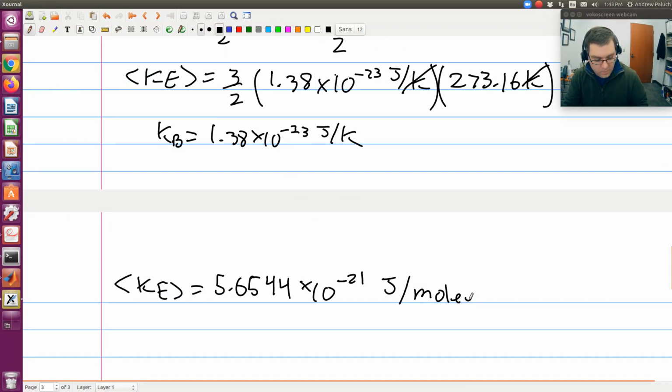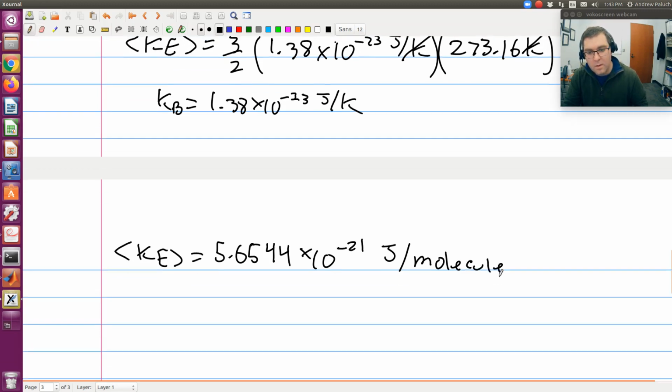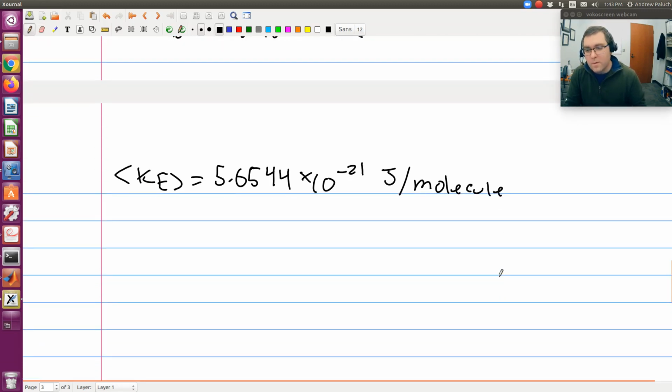Now how do I deal with this? Well, first, remember molecular weight. My molecular weight of water was 18.015, and that's grams per mole.